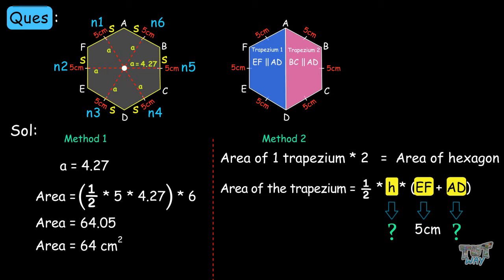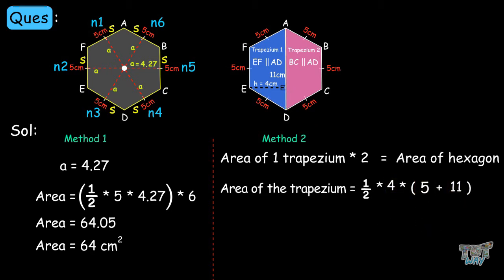The length of the side AD will be 11 centimeters. And the height of this trapezium will be 4 centimeters. Now, putting these values into the formula, you can calculate the area. We'll multiply half with 4 times 5 plus 11.